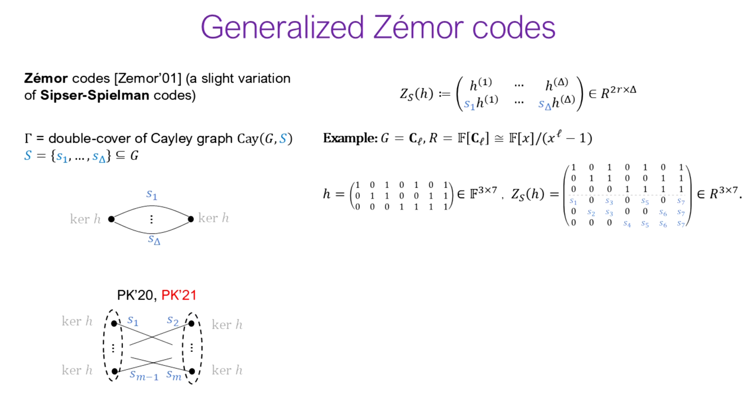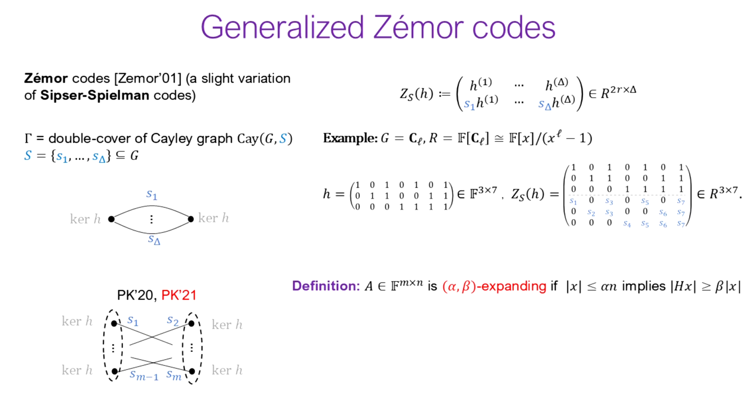If you consider a cyclic group, this group ring is the very standard ring in classical coding theory, related to quasi-cyclic codes. If you apply this idea of Zemor codes to the Hamming code, with this Hamming code parity check matrix, you get the following parity check matrix. It is a polynomial parity check matrix, where each entry is a polynomial.